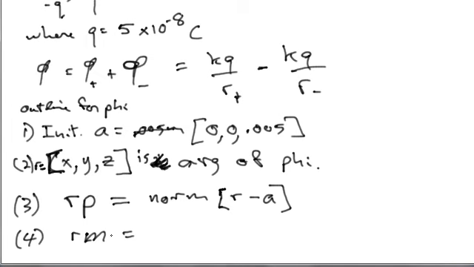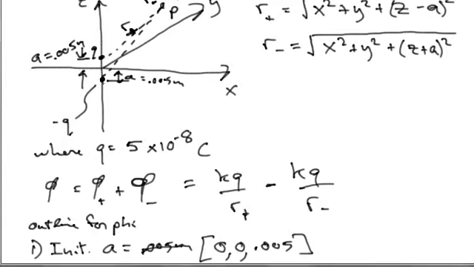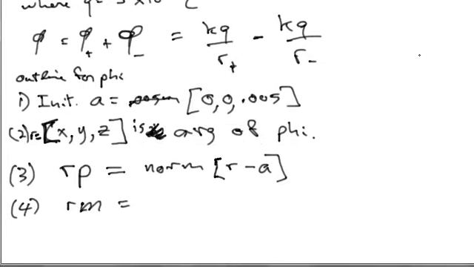So the distance that we are from the negative charge, this one down here, is going to be the norm of R plus A. So phi is phi of R, where R is an array of 3 elements.